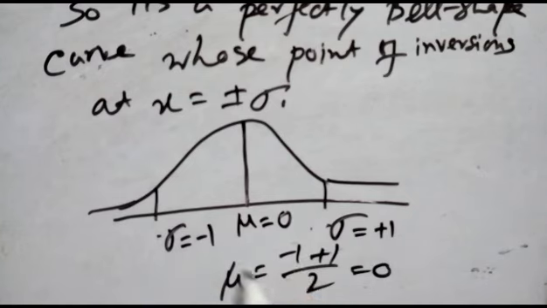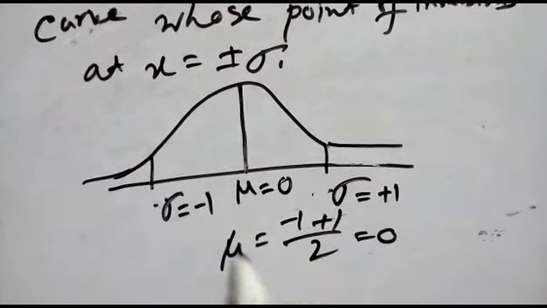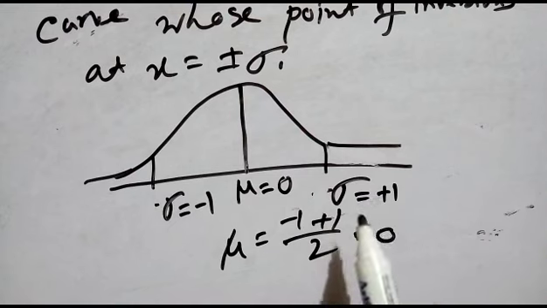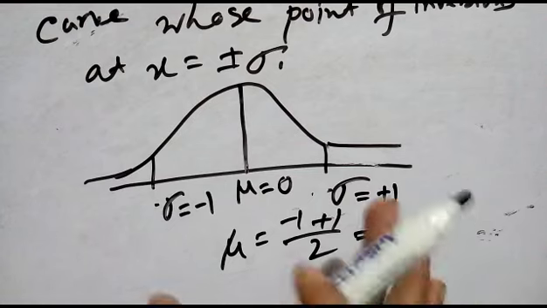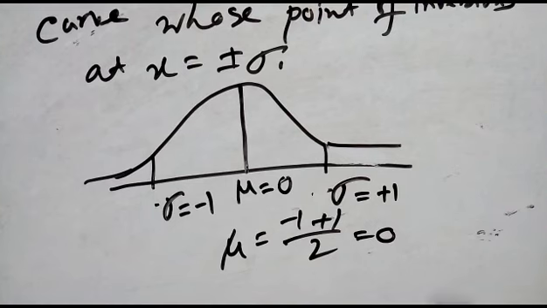So your mean is always 0 and sigma, that means standard deviation, is 1. Clear? This bell-shaped curve shows the fact.